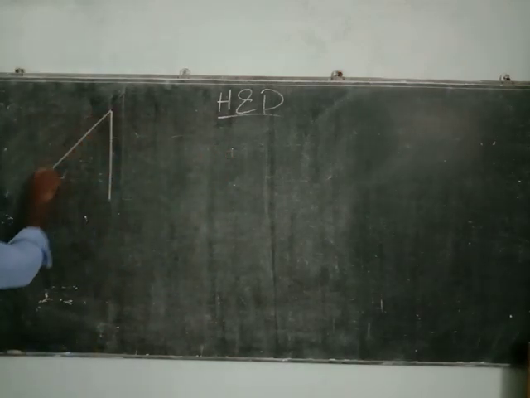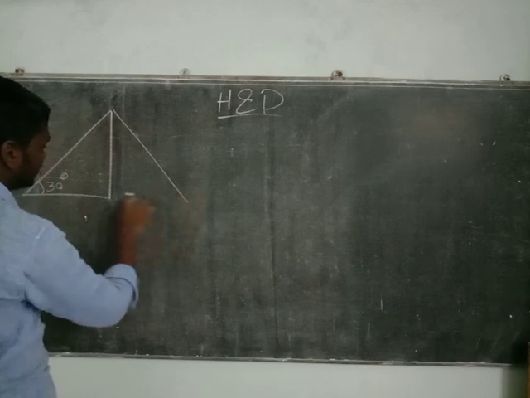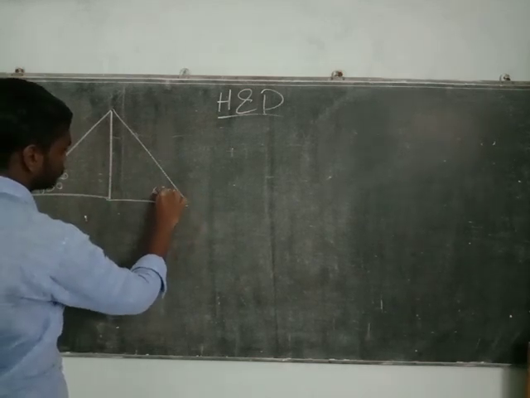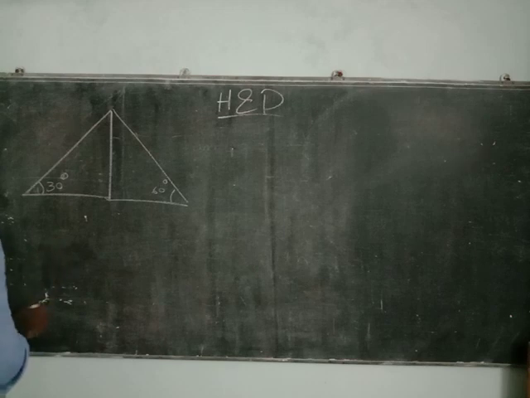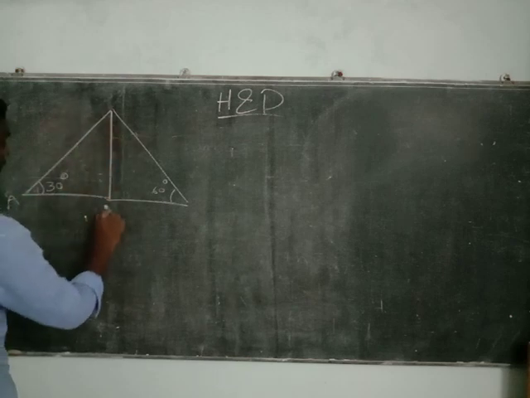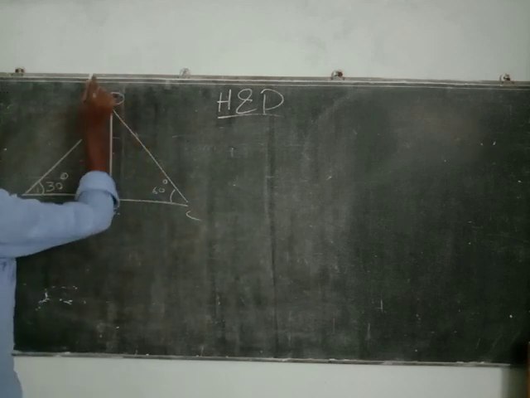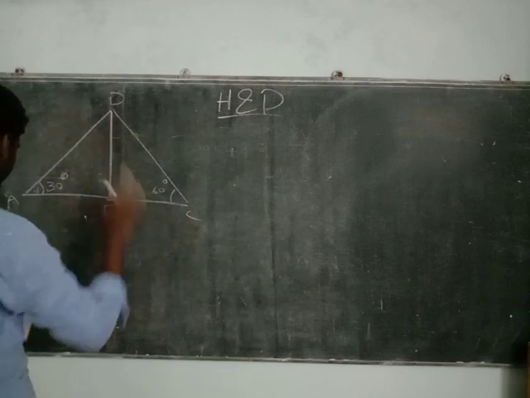A person can see the temple at 30 degrees of elevation and another person watches it at 60 degrees of elevation. Now, find the distance between these two men, A, B, C and D. The question is asked to find the distance between this A and C.